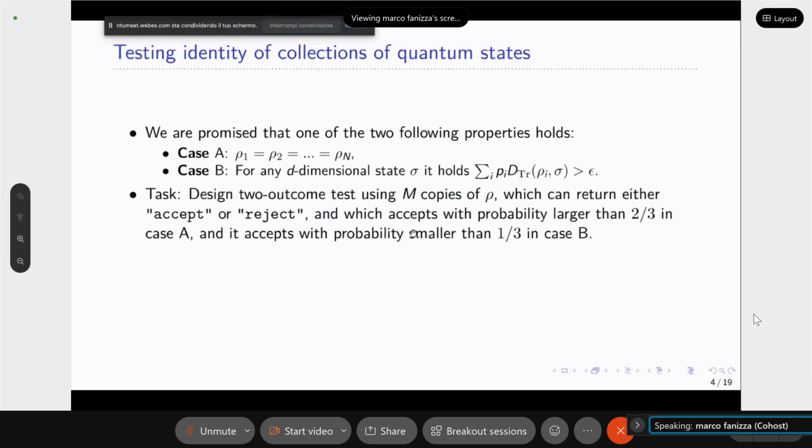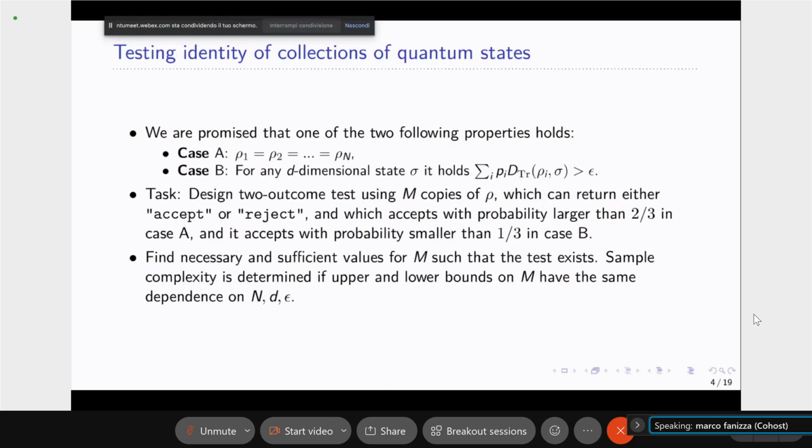The task is to design a two-outcome test that uses m copies of rho, which can return either accept or reject, and which accepts with probability larger than 2/3 in case A, and it accepts with probability smaller than 1/3 in case B.